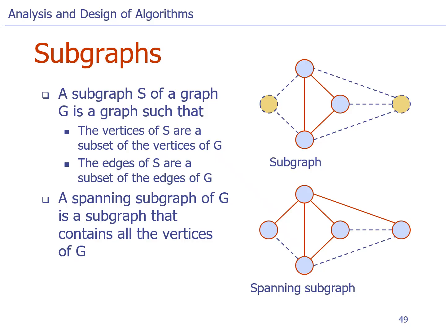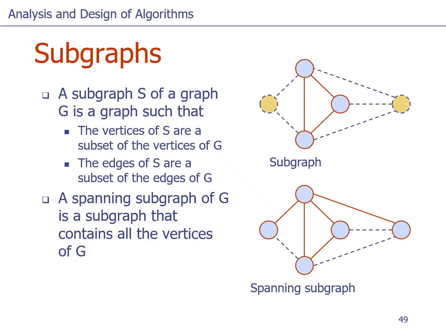Now, subgraphs are a subset of a graph, okay, where all the vertices in the subgraph exist in the original graph. A special type of subgraph is what's called a spanning subgraph. So a spanning subgraph spans all the graph, which means you have all the vertices, but not all the edges. Okay?